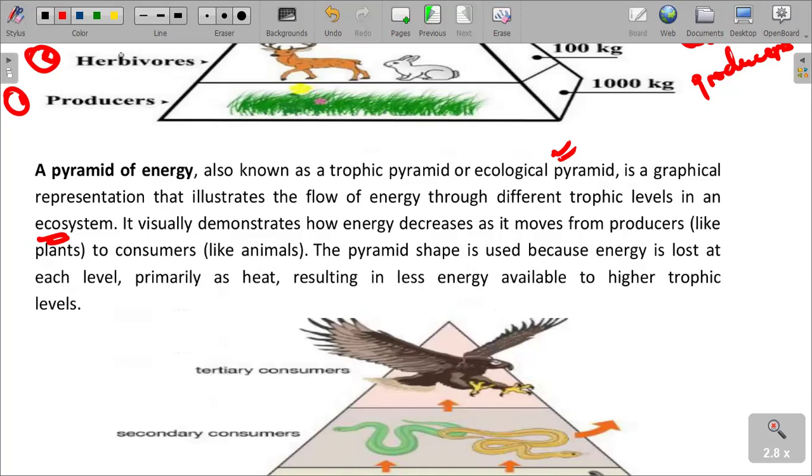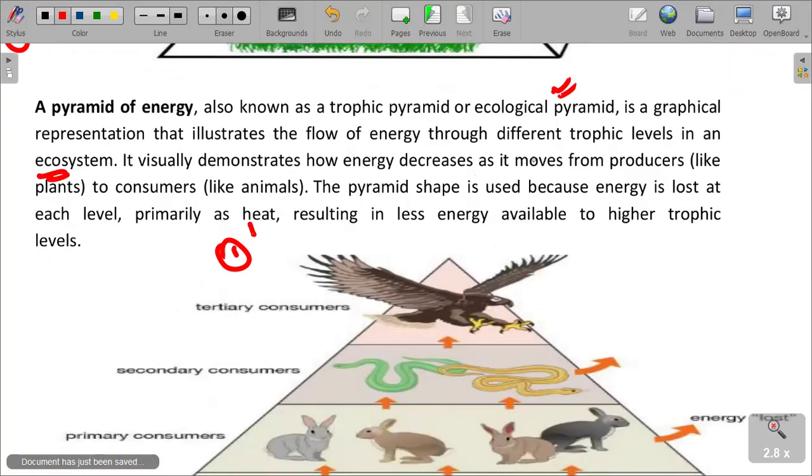The pyramid shape is used because energy is lost at each trophic level, primarily as heat, resulting in less energy available to higher trophic levels. So it illustrates the flow of energy via the various trophic levels, showing the decrease in energy as it moves from the lower levels going up.